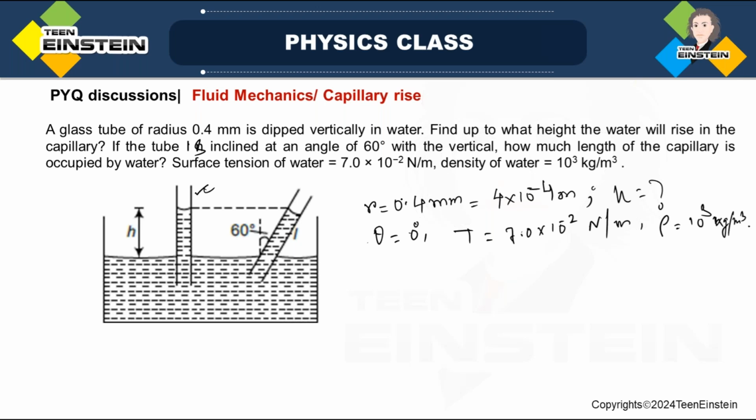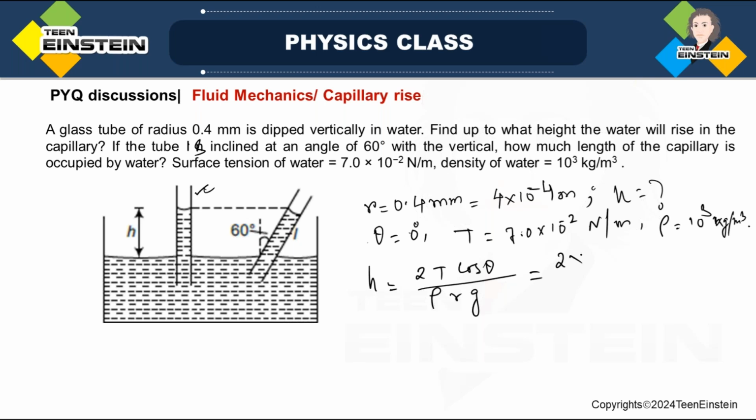This 60 degree is not the angle of contact. First we have to find out the height. So let us find the height: 2T cos theta, where theta is the angle of contact, divided by rho, r, and g.